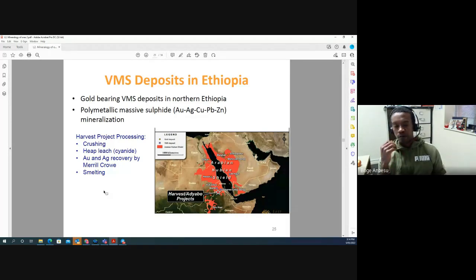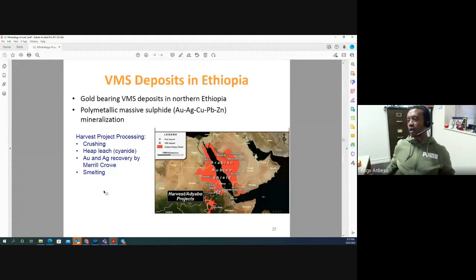And I think you guys might be familiar with the Harvest project in northern Ethiopia, which has been going on for a few years before it was interrupted. But in any case, I think that is considered one typical example of VMS deposits where typically you should be able to find copper, lead, zinc sulfides with some amount of gold and silver in them.